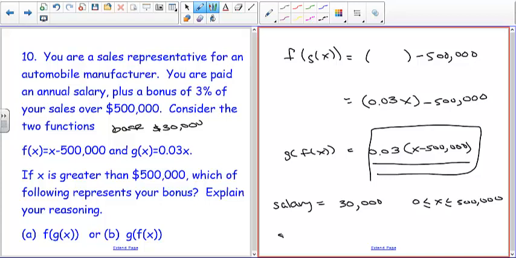But if your sales is greater than 500,000, then your salary is going to be your base salary plus 0.03 times x minus $500,000. So you get your base salary plus 3% of your amount over $500,000. So that would be your salary. So you've got a domain for less than $500,000 sales and a domain for greater than $500,000 sales.